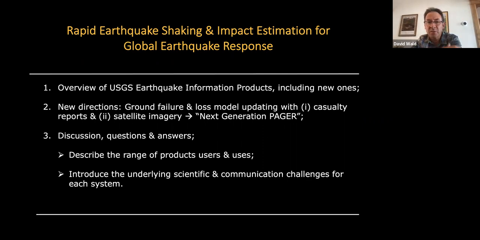We have models of what happens after an earthquake, and we're going to be slowly updating those models as time goes on after the earthquake with new ground truth information and imagery, and I'll just allude to that towards the end. But in the process of going through these products, what I'll do is describe the range of uses and users, and that really drives what we do, and what formats we deliver, what kinds of products, and then some of the underlying scientific and also communication challenges in trying to deliver each of these products.